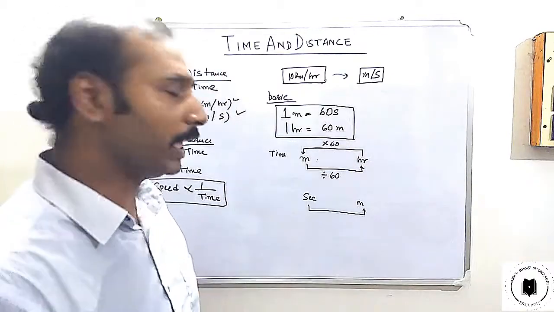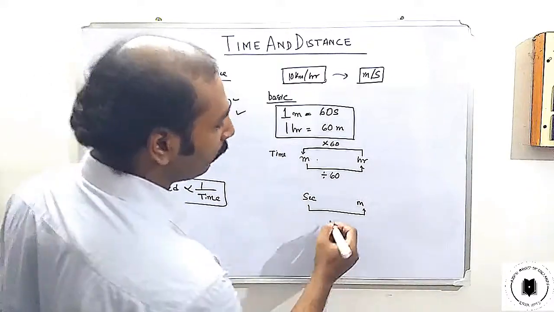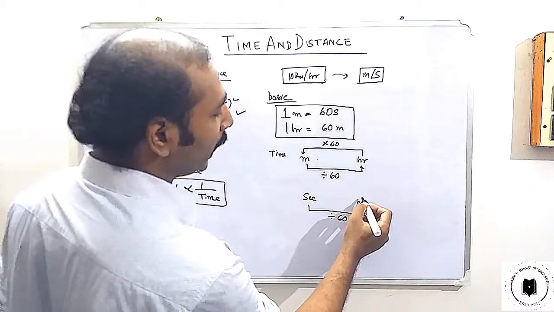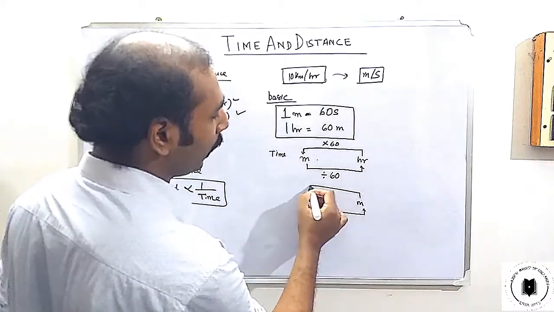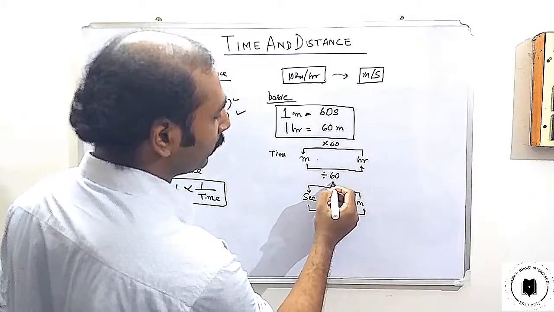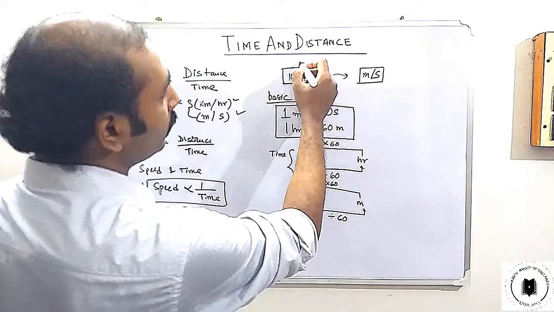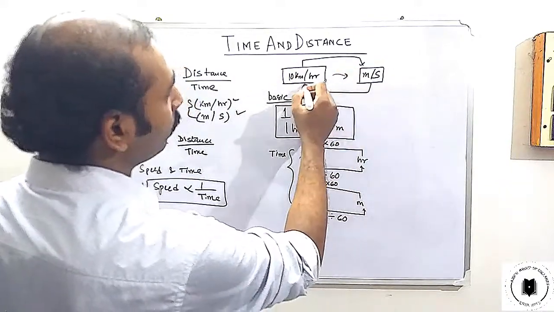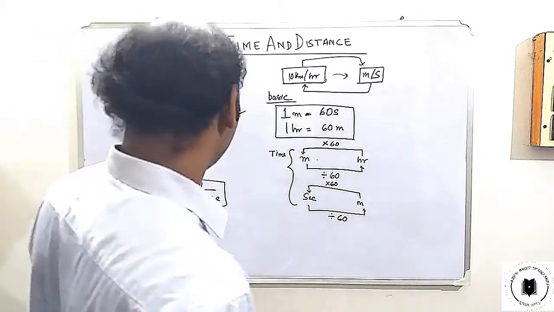Now if we want to change seconds to minutes, we divide by 60, and if we change minutes to seconds, we multiply by 60. Now let us understand how to change between kilometer per hour and meter per second.